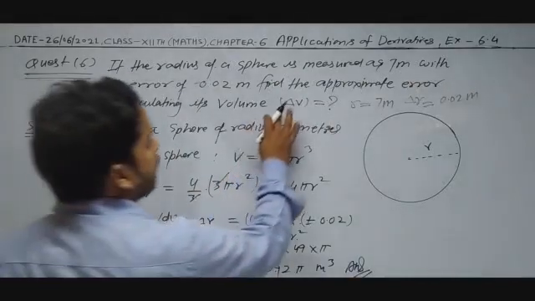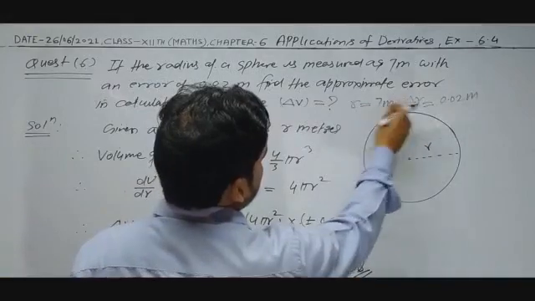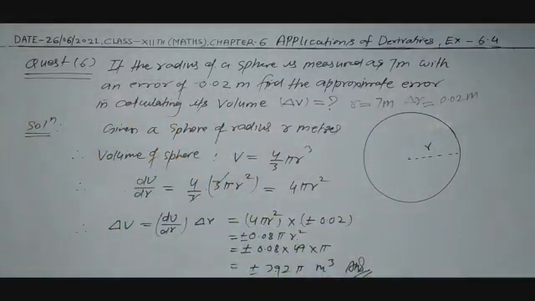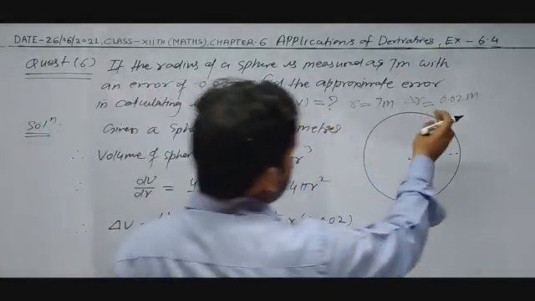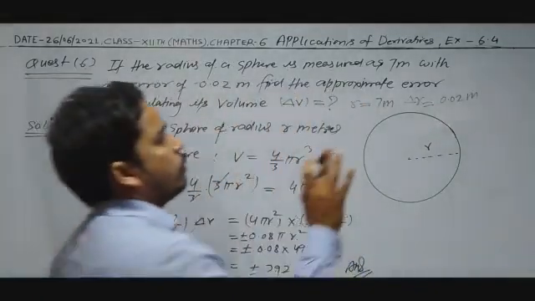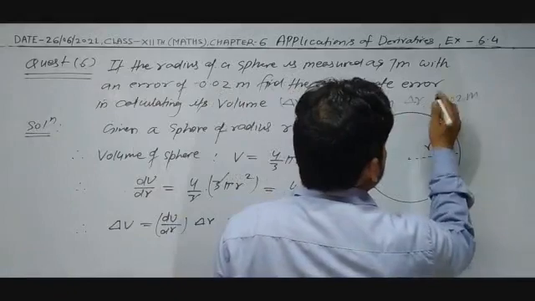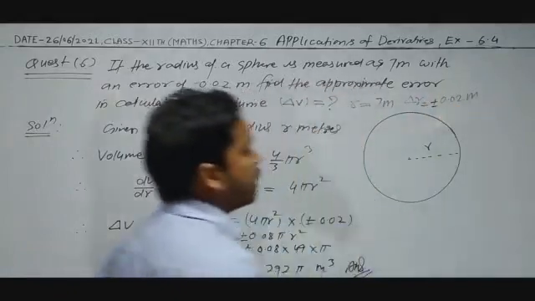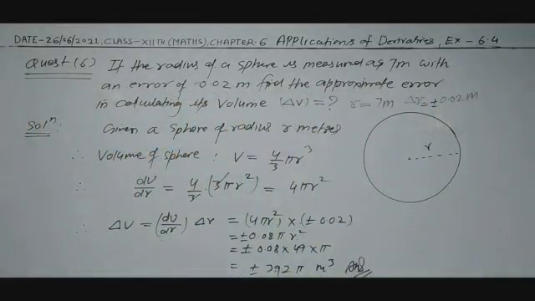So we have to find dV, that is del V, where r is equal to 7 meter and del r is equal to 0.02 meter. With an error, we don't know whether it is increasing or decreasing, so you write r with plus minus sign 0.02.